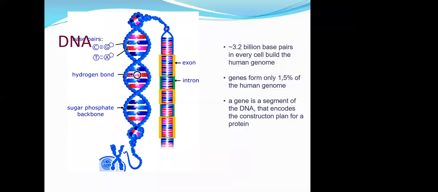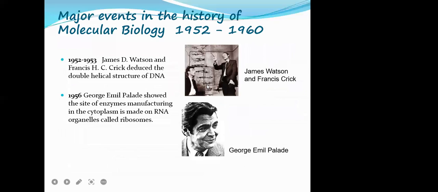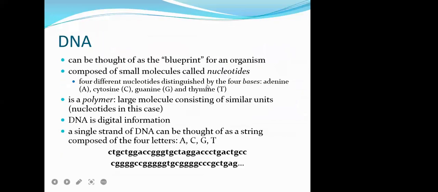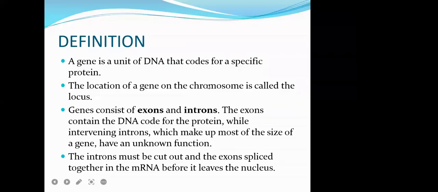Okay, another student has asked, between introns and exons, which one contributes to the larger portion of the DNA? So actually, the intervening introns, which make up most of the size of a gene, have unknown function.